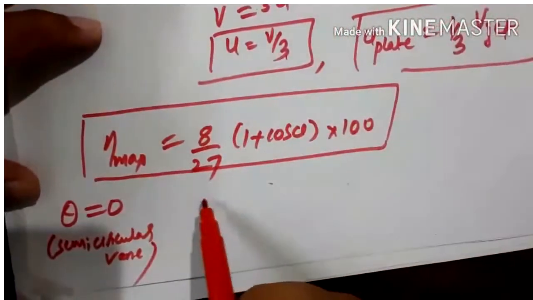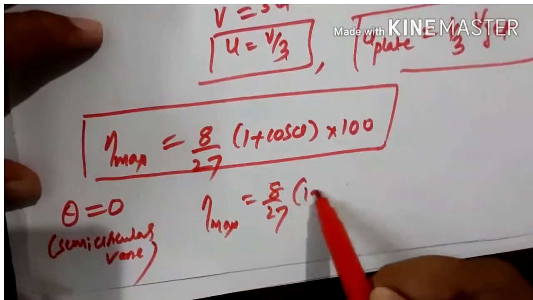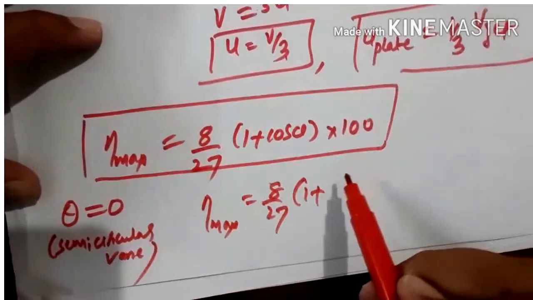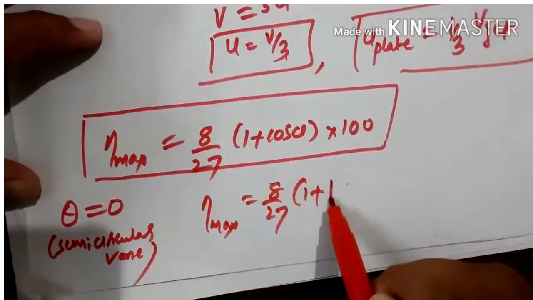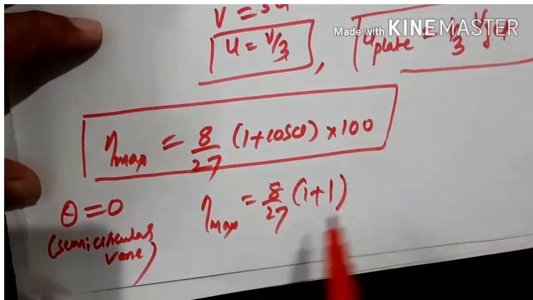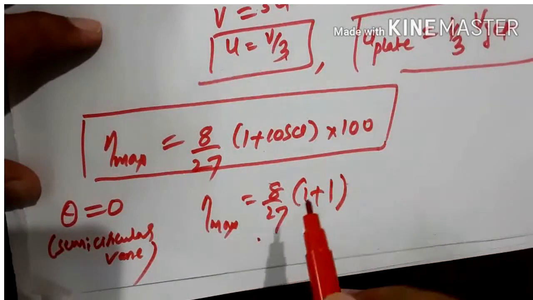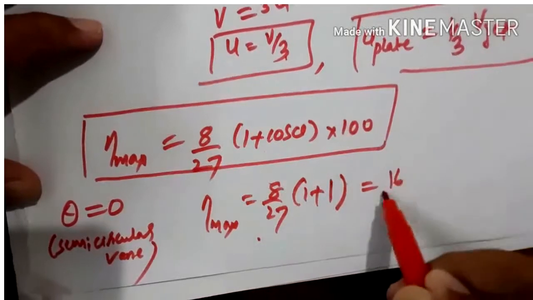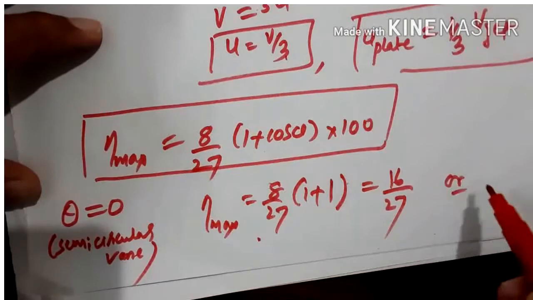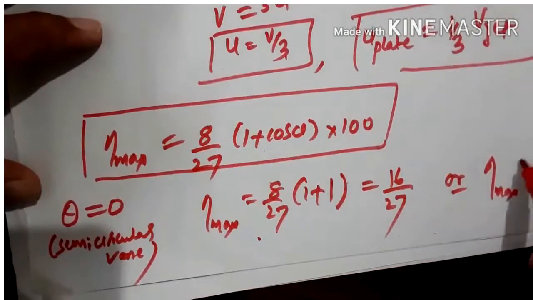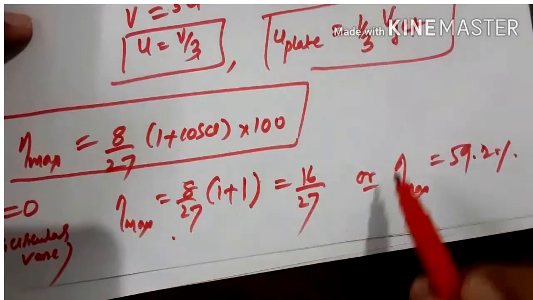When theta is equal to 0, the efficiency is 8 by 27 (1 plus cos 0), and cos 0 is 1. Then what do you get here? You get 16 by 27, or the efficiency you will get is 59.2%. This is for a single vane.